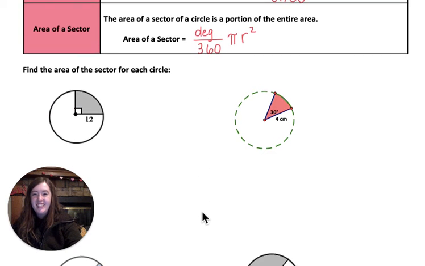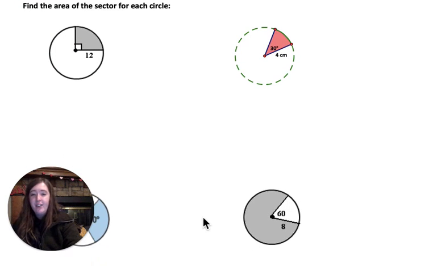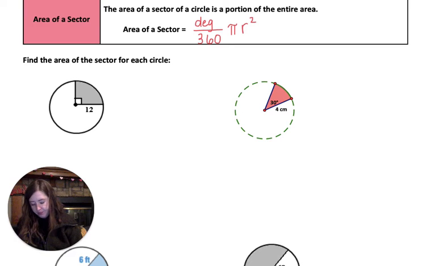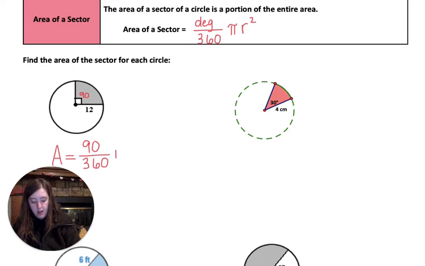All right, so let's look at the area for each circle. So if we want to go by the formula up above, we totally can. So area equals, we know a little box like that means 90. So we'll have 90 over 360 times pi times the radius here, which is 12, squared.